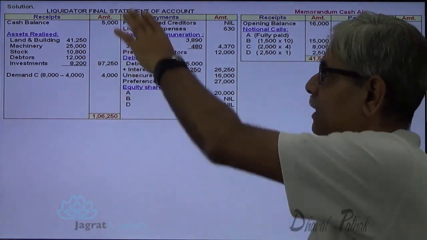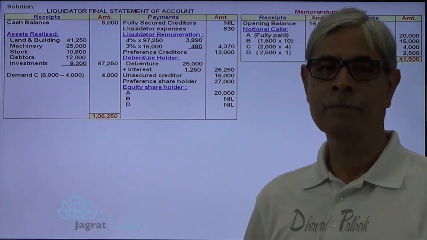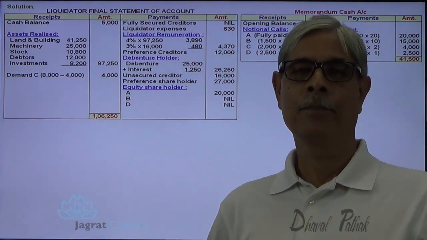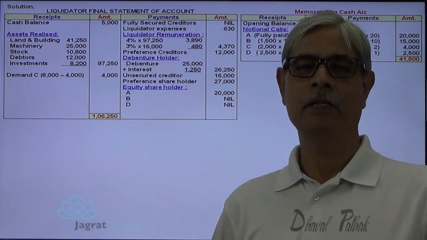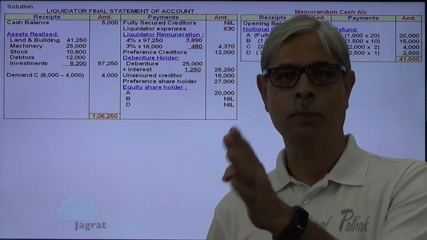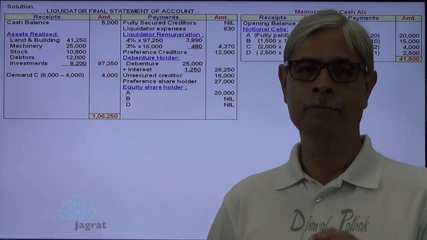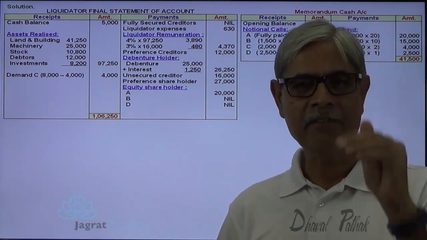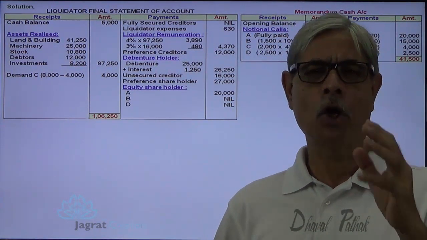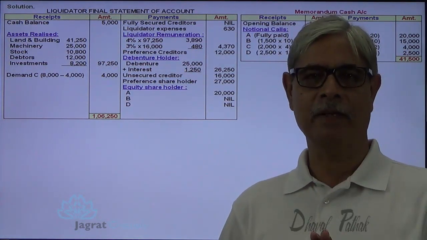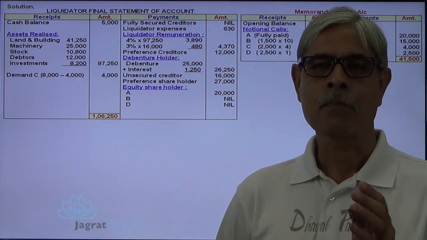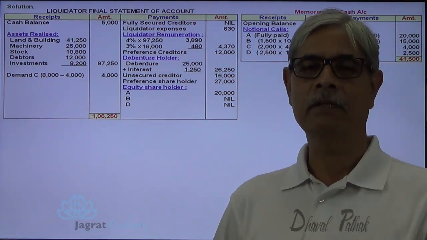On the basis of this, pari passu distribution occurs. So everybody suffers 80% of the face value, 80% of their promise to pay to the company by way of share capital. To the extent of 80%, every category A, B, C, D, all the categories are suffering 80% of the face value in the process of liquidation.